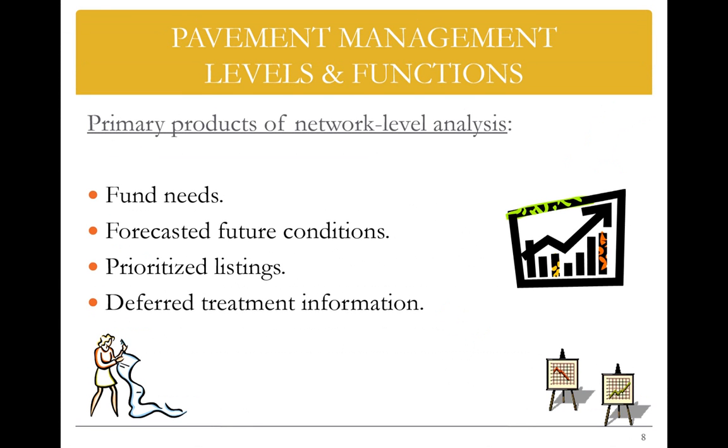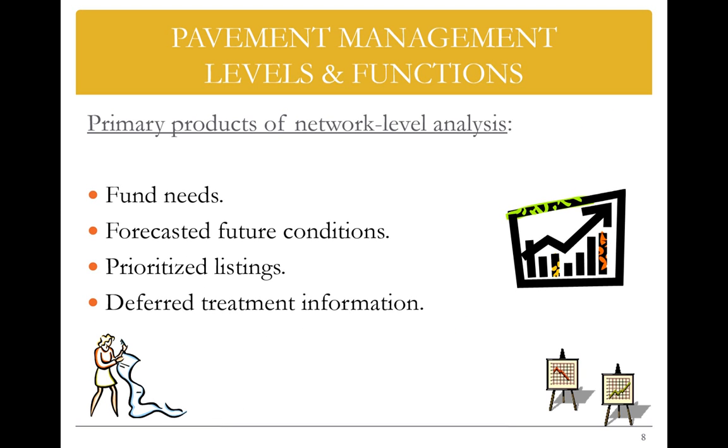The primary products of network level analysis are what we call fund needs. Why do we need funds? Sometimes we need to come up with these analyses to justify why we're asking for such funds. Also, as a product, we need to have forecasted future conditions.